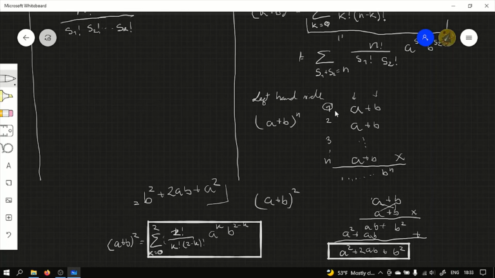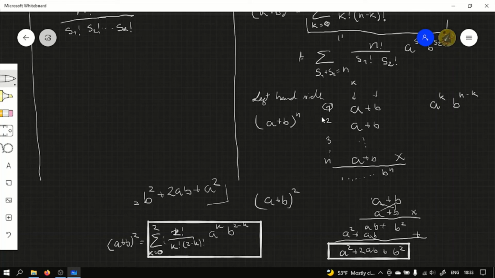If we put k elements here, then we will have a^k, that is, a is multiplying k times, and then the rest of the elements will go to b. So the rest of the elements will be b^(n-k). And what are the different ways that we have this one?